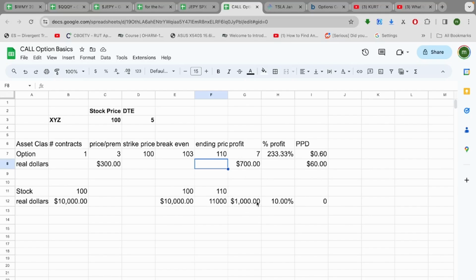So you actually make a little more with stock if you're just talking how much money you put in your pocket. Stock's more efficient from that standpoint. If you look at it on a percentage standpoint, the option's more efficient. So it depends on which way you're looking at it. Right here, this is a 1 week profit of 233 1/3%. That's not bad, but neither is a 10% profit.